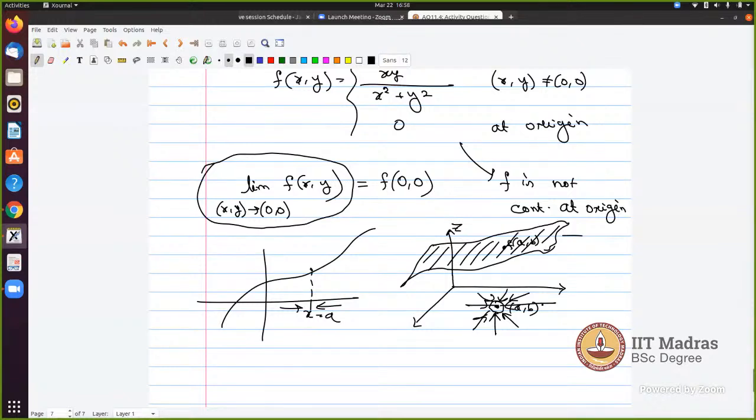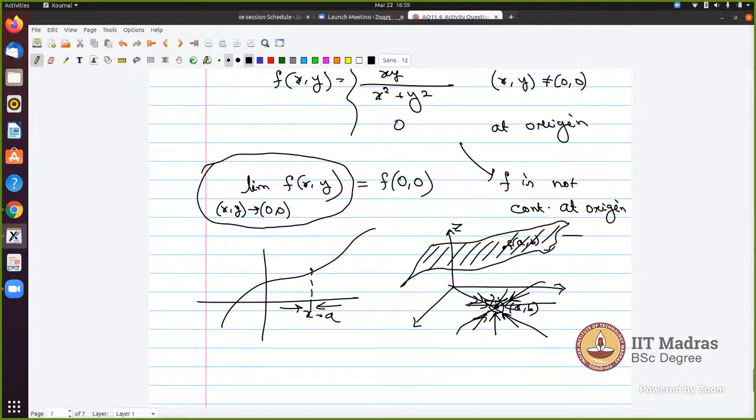If you can find two straight lines, for example y equal to x, along which we are approaching, and the limit from these two directions is different, then the limit is not unique, so definitely the limit does not exist. Got it?